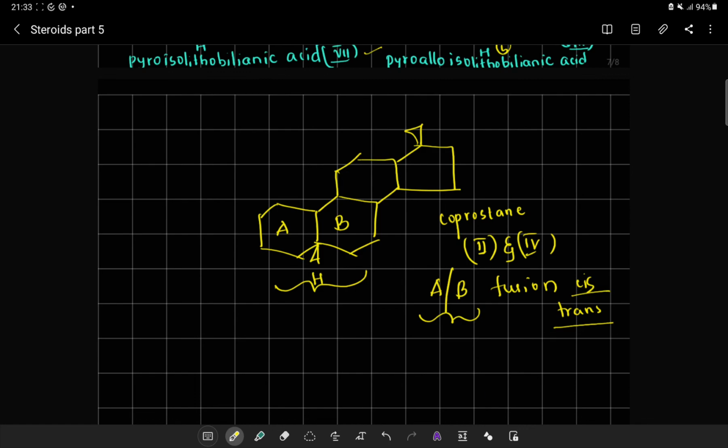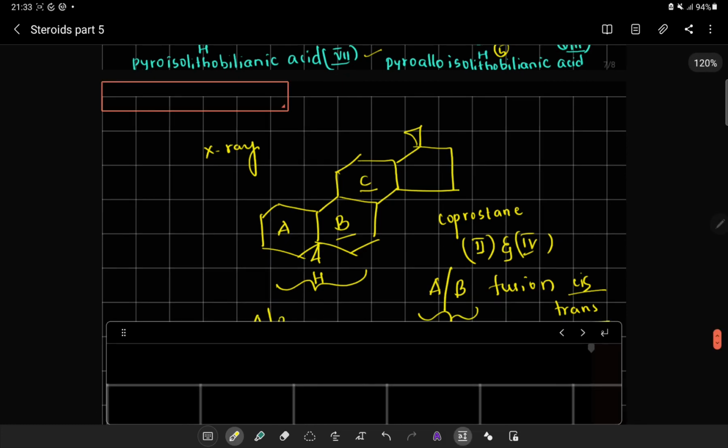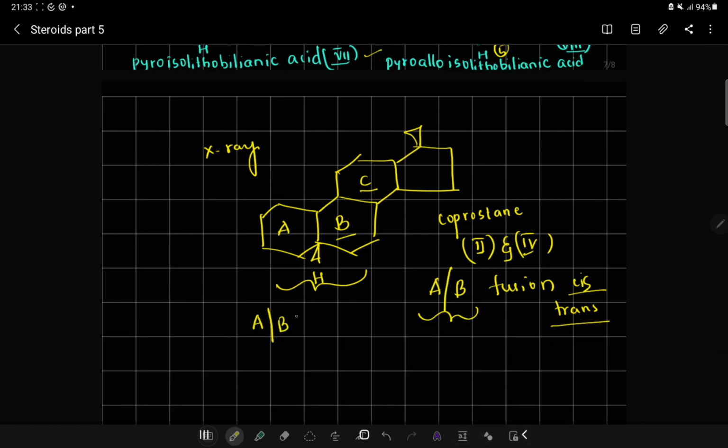Further, we can also understand that ring B and C fusion was trans. This fusion between ring B and C was given as trans because this was analyzed by X-ray analysis. Because steroid is a flat molecule, this would be possible only if the fusion is trans. Since the AB is a cis system, BC should be a trans system so that I can get a flat molecule.